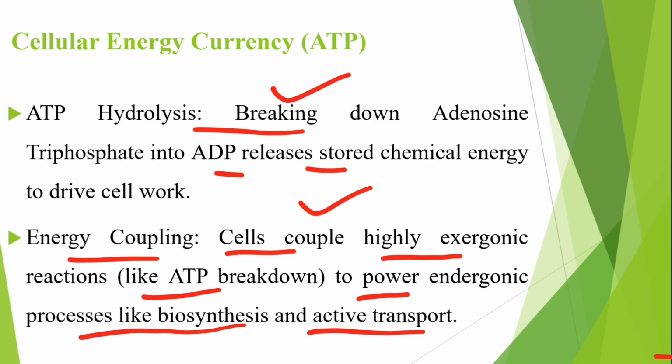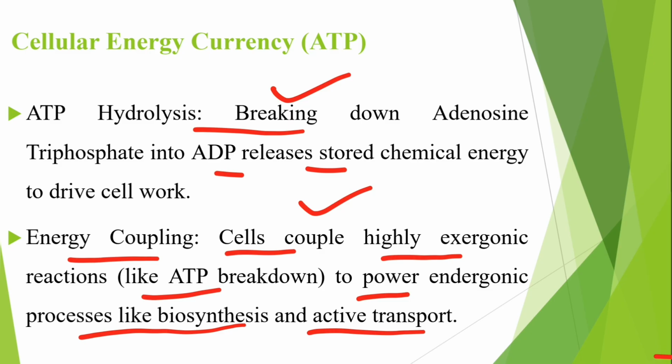Do you know what is active transport? There are 3 types of transportation which take place through the biomembranes. One is active transport, one is passive transport, one is facilitated transport. Active transport requires energy, that means it takes place against the concentration gradient.